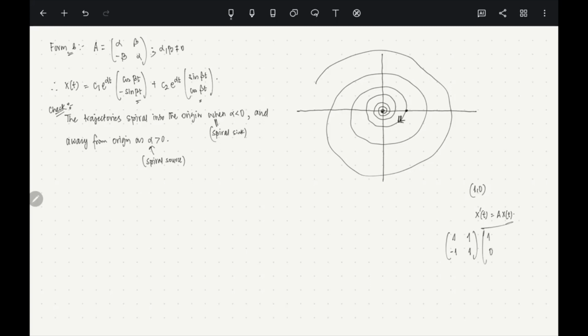Let's say I start my particle at the point (1, 0), so x0 equals (1, 0). In that case I can see what x prime of 0 is. It is nothing but A times x of 0, which is A times (1, 0). What is A times (1, 0)? It is (1, minus 1). Is it okay?